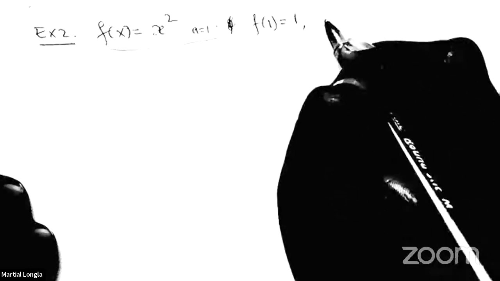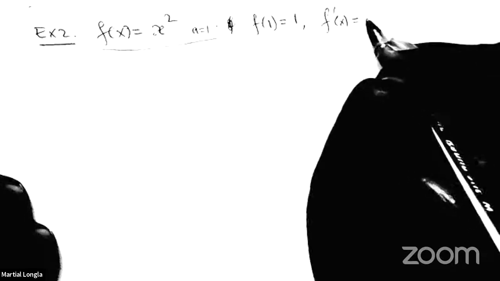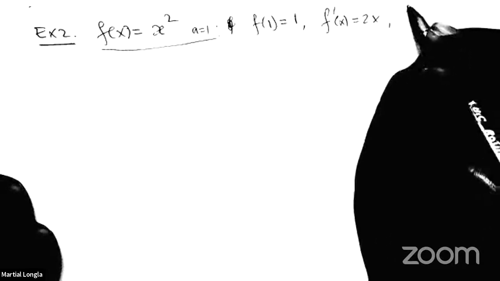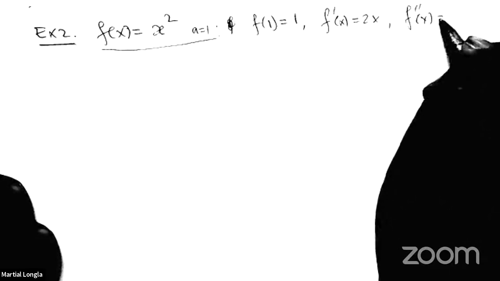Okay, now let's look at a second example with a quadratic. Let's say f of x equals x squared, again a equal 1. F of 1 is 1. F prime of x is 2x. And the second derivative is 2.